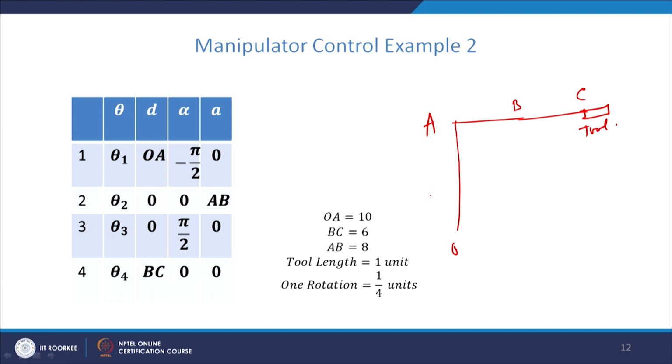So, here the first joint is a revolute joint, the second is a revolute joint with rotation of this type, the third is a revolute joint, and the fourth is also a revolute joint. So, the 4 joints, all of them are revolute, and by using the DH algorithm, we have already seen we can write the coordinate frames and the joint and link parameters in this particular form.